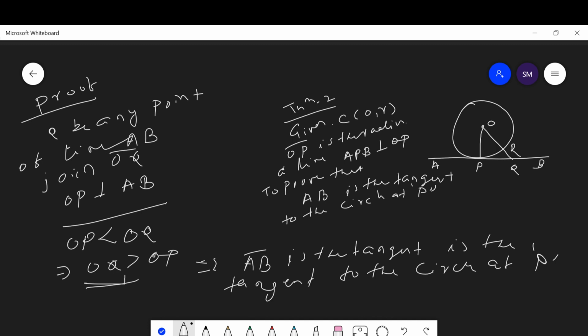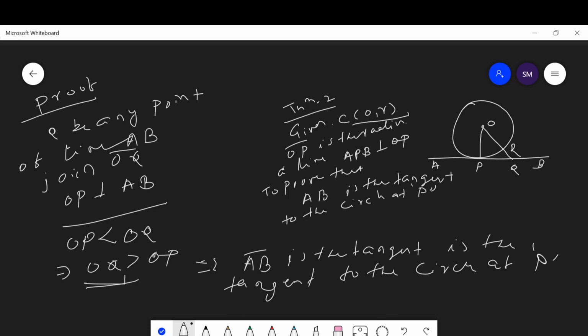Suppose C is the circle with center O and radius R, and the conditions given are that OP is the radius and the line APB is perpendicular to OP. We have to prove that AB is the tangent to the circle at P. Let Q be any point of line AB. Then join OQ.